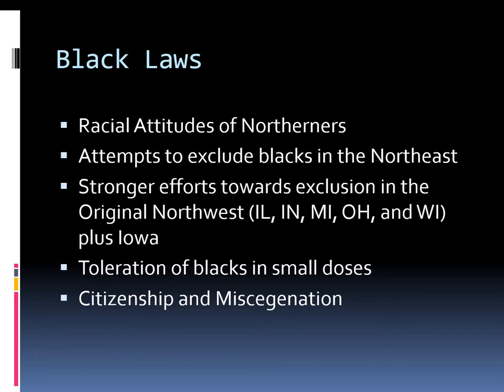Obviously blacks and whites were not allowed to be married in the South, and they're certainly not going to be allowed to be married in the old Northwest, which is virulently, just steeped, if you will, in white supremacy.